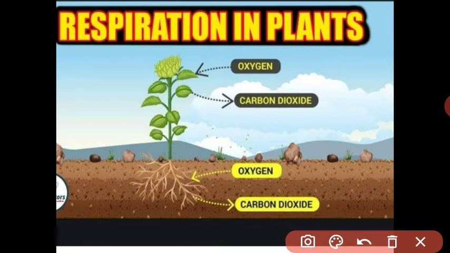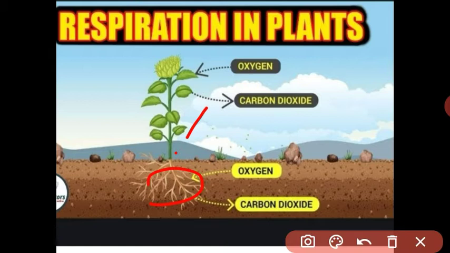So respiration in plants takes place in a different way. Plants respire through parts like roots, leaves and stem, using these parts to perform the process of respiration.